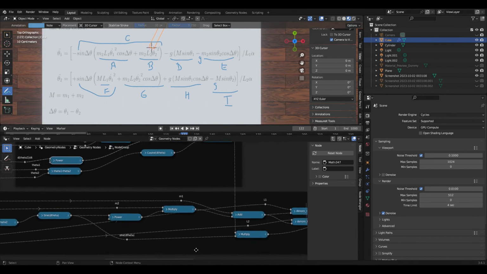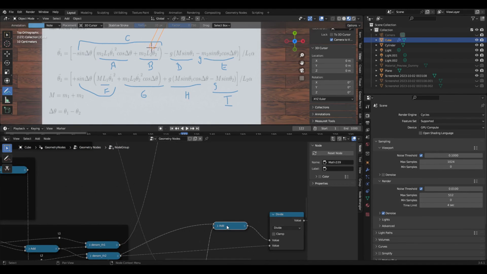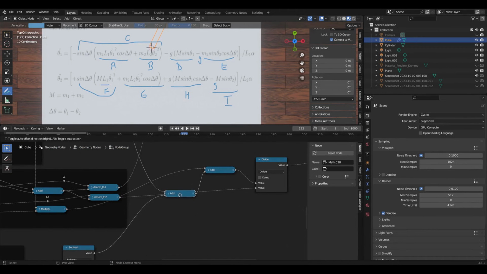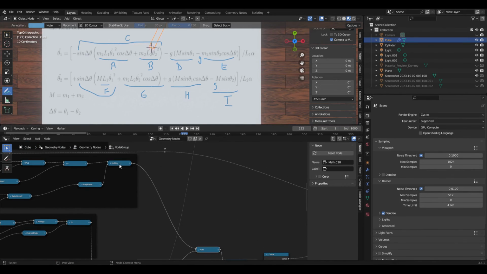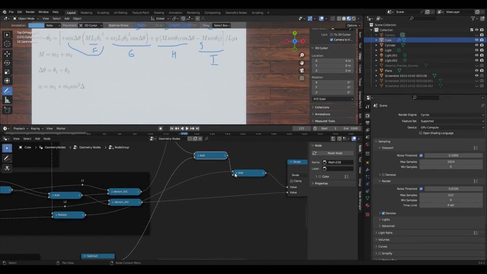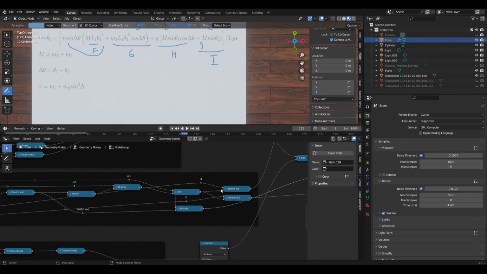And here I'm creating this denominator that is L2 alpha, and alpha here is, here's the equation for it, m1 plus m2 times sine squared delta theta.